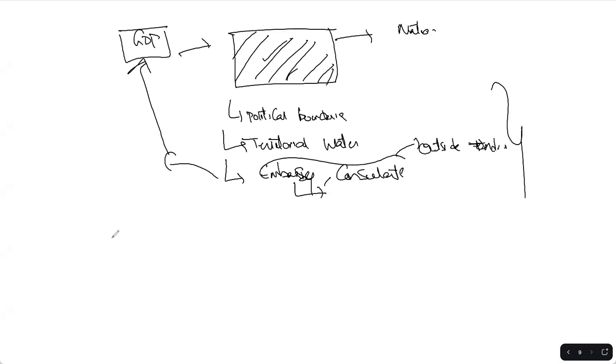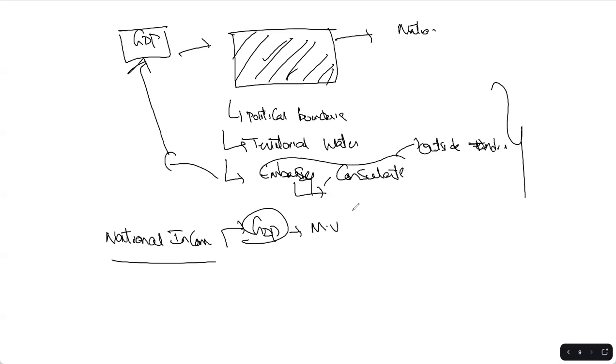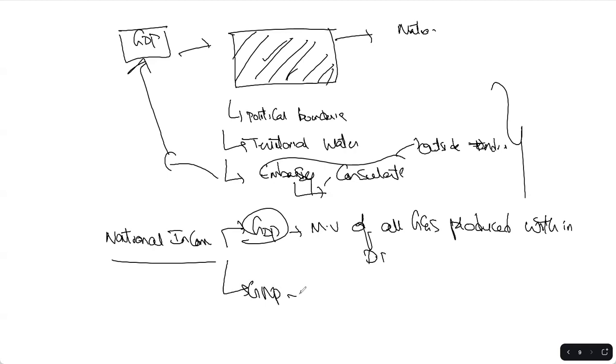So simple things, what is there in national income? One is GDP, the final monetary value of all goods and services produced within the domestic territory. Within domestic territory. What comes in GNP? Monetary value of all goods and services by the residents. Concept of residents.